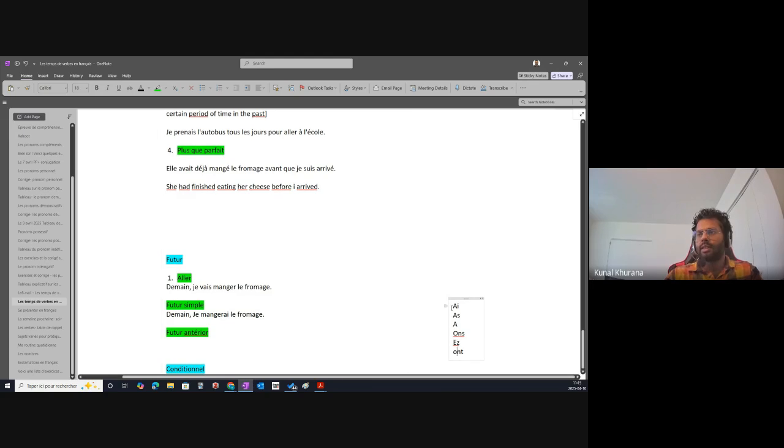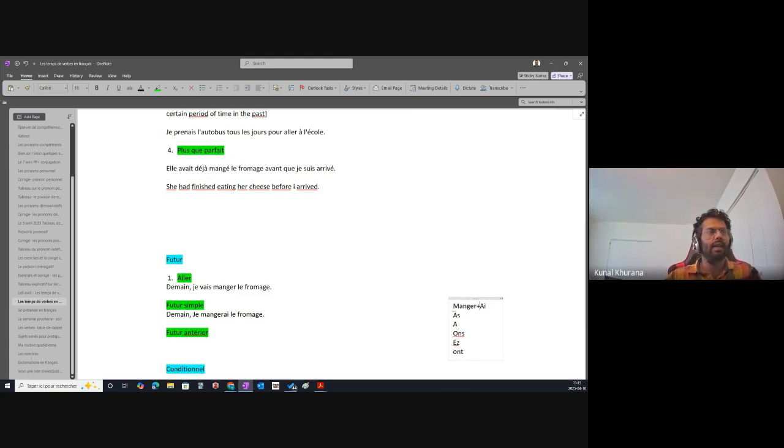So you just write the verb as is, manger, and then you add these endings, and you can use them to say something in the future without using the verb aller.